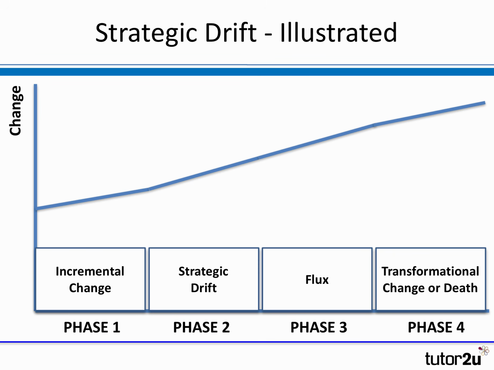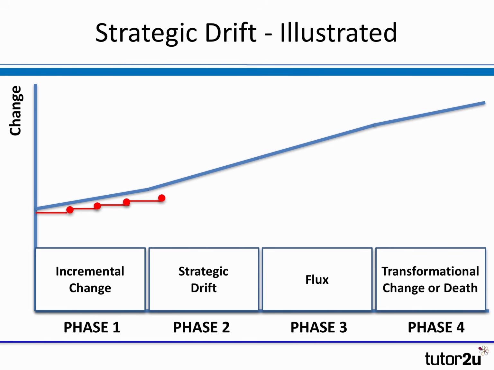Well, the starting point for this is to explain that the external environment for a business is always changing, constantly changing. So in this diagram on the screen there, the external environment, as measured by the amount of change, is shown as the blue line. That's the external environment that changes over time.